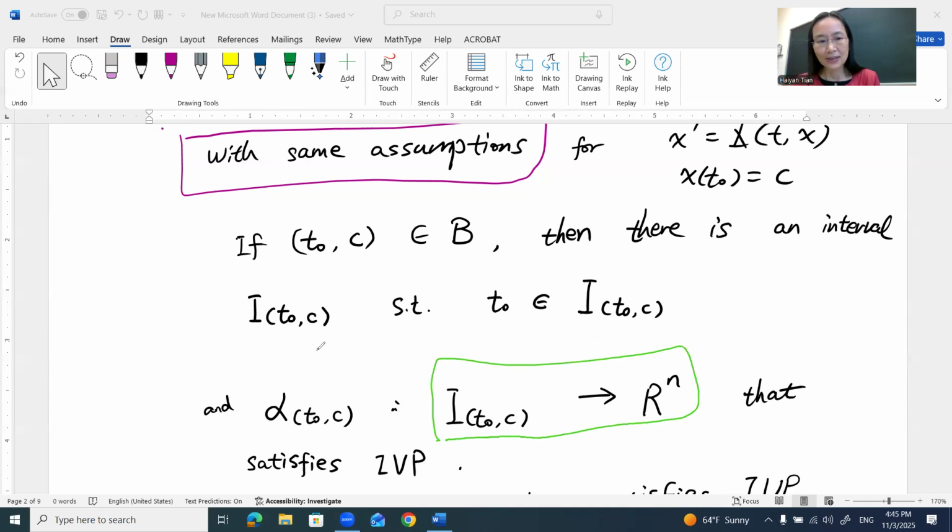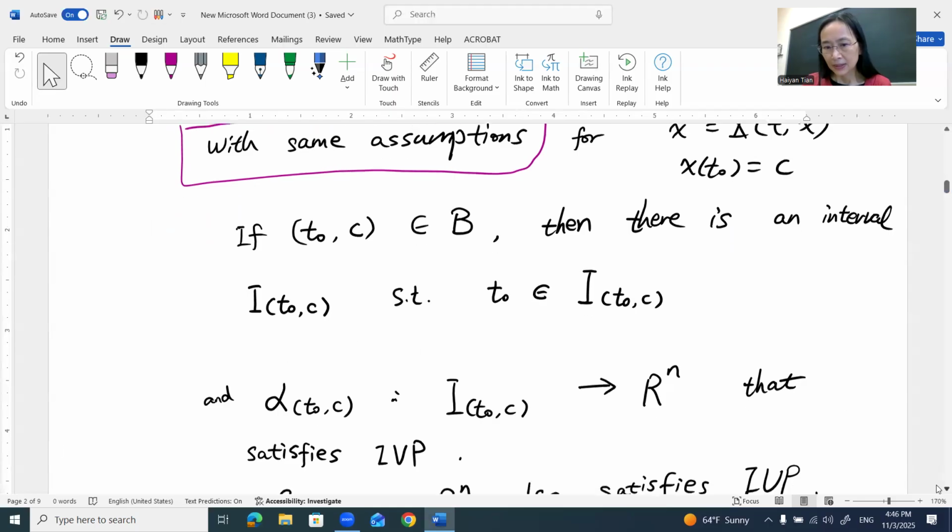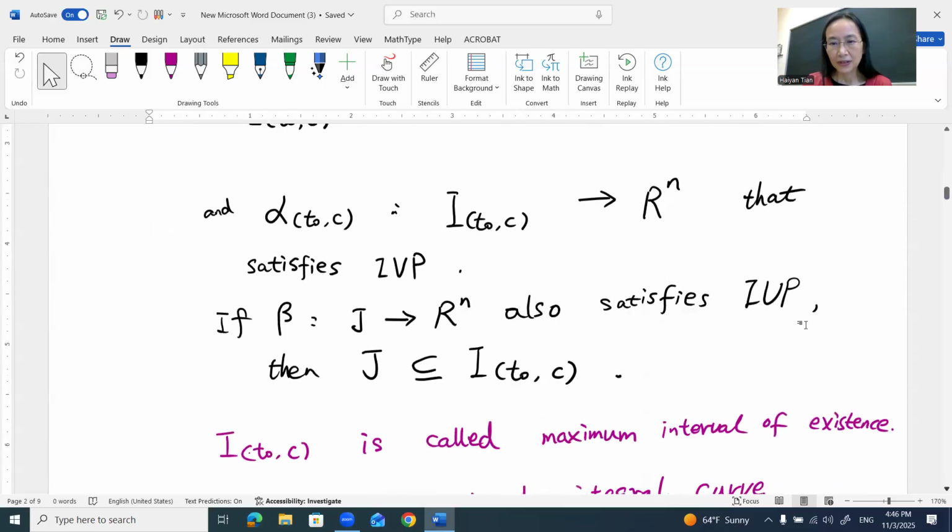So that is a time interval, and it is the maximum interval of existence for a solution. That is the alpha defined on this interval.